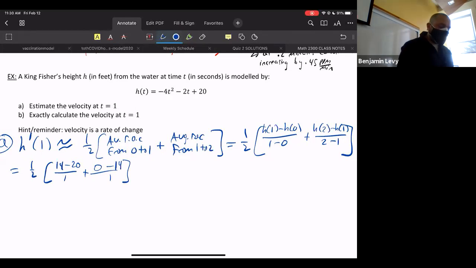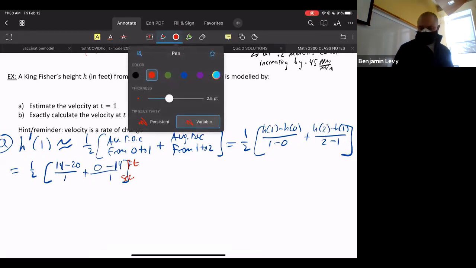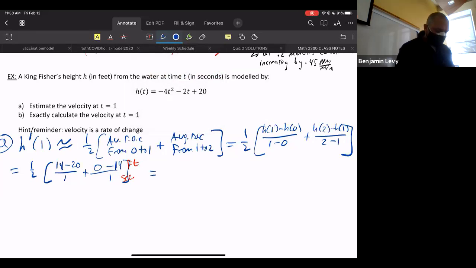Oh, let's add the units. Let's not forget about that. So the units here are feet on the top and seconds on the bottom. So our final units will be feet per second, right? It's helpful to note that early on. And so we get a nice easy answer. This turns out to be 1/2 of minus 6 minus 14, which is minus 10 again.